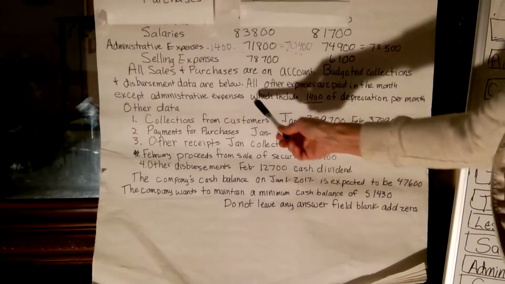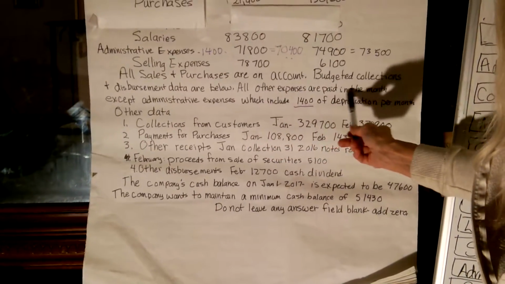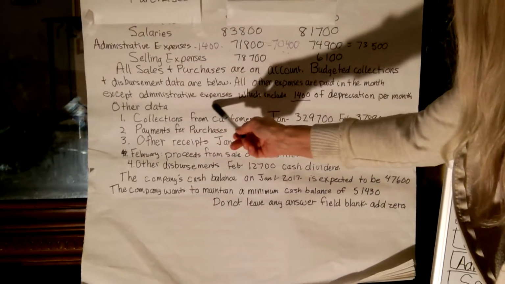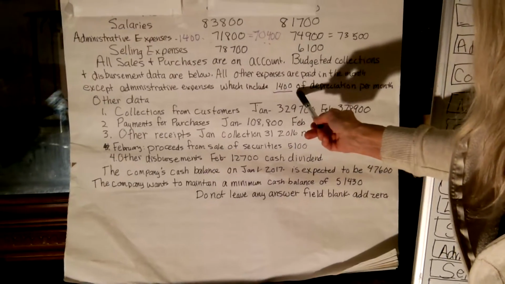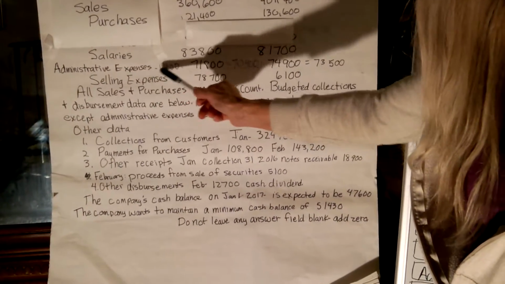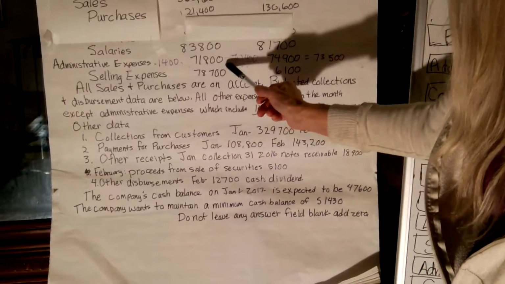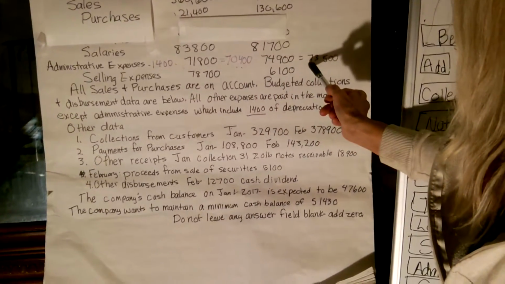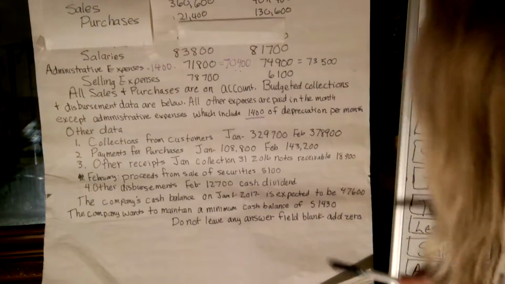Next it's administrative expenses. Here it says that all other expenses are paid in the month except administrative expenses, which include $1,400 of depreciation per month. So we subtract $1,400 from administrative expenses, which makes this $70,400 and this $73,500.